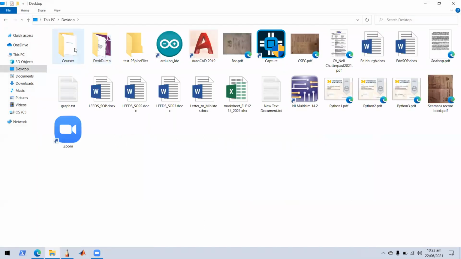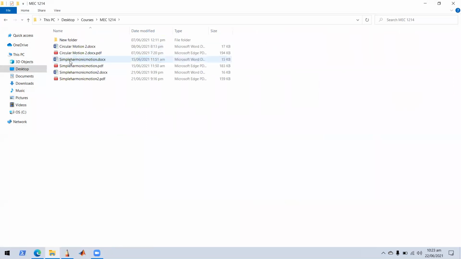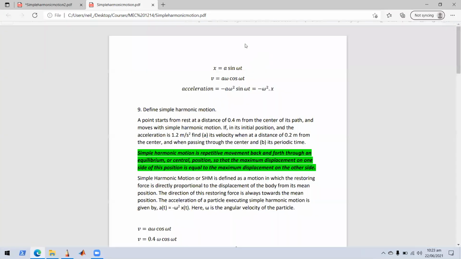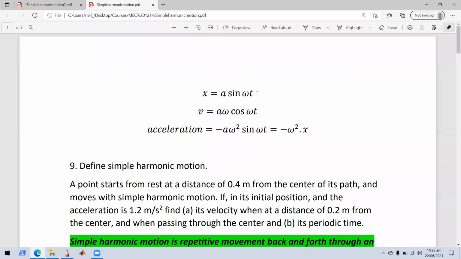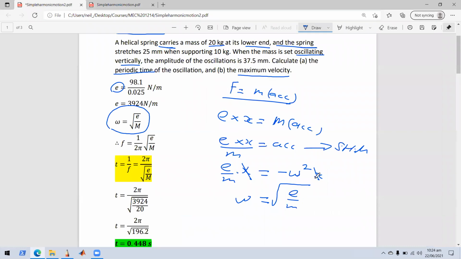So back in the previous handout that I gave you guys, remember we had some formulas here. X is equal to A sine omega t, whatever. And then we had this other one, acceleration is equal to minus omega squared X. Well, same thing here. Acceleration is equal to minus omega squared X.